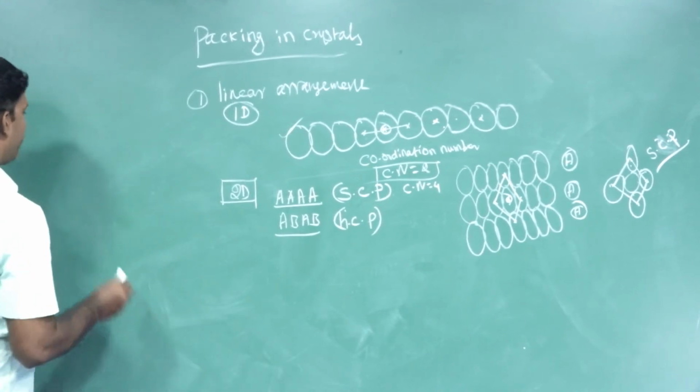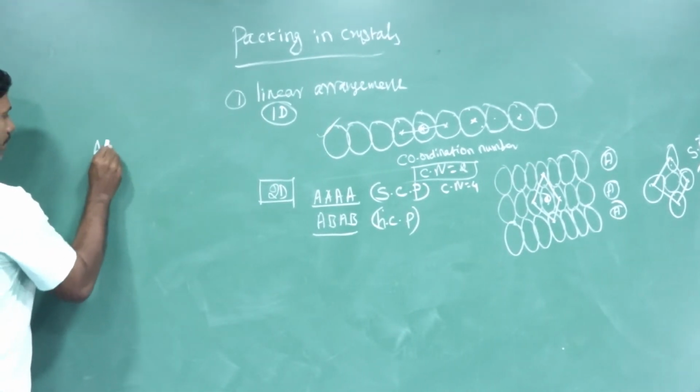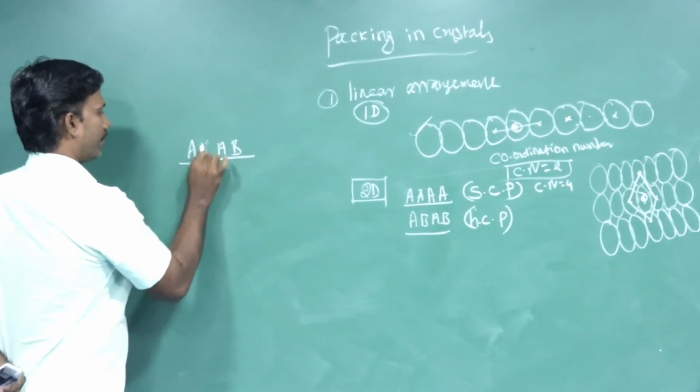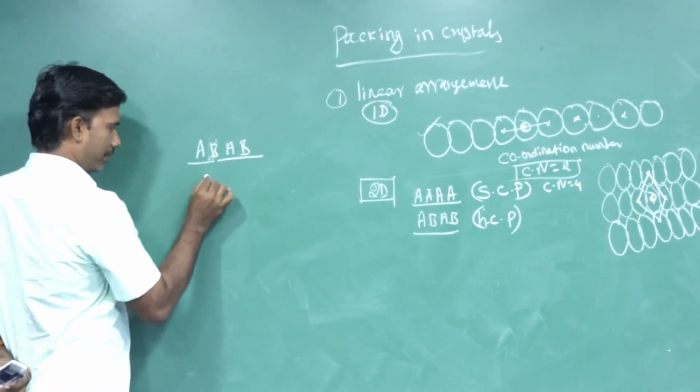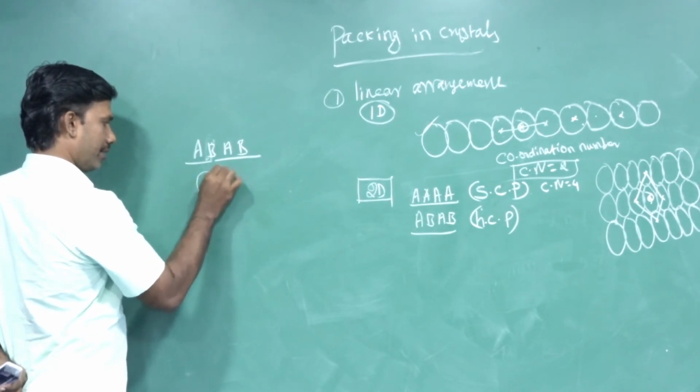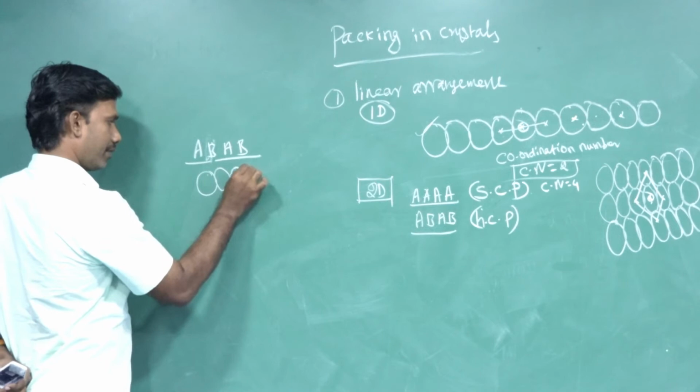Then AB type. If we go with the AB type, that is also a repeated linear arrangement, but in a different way.